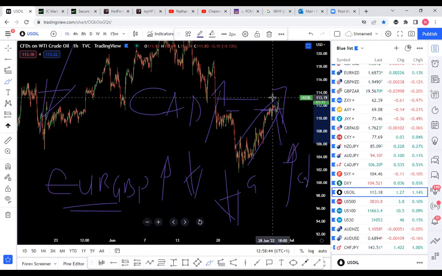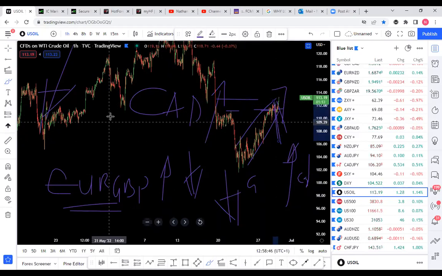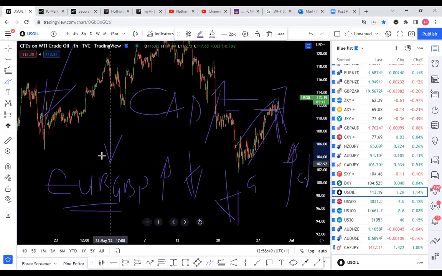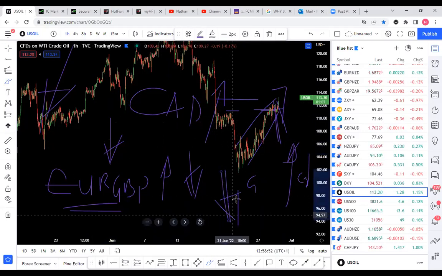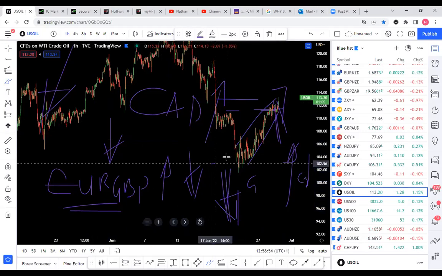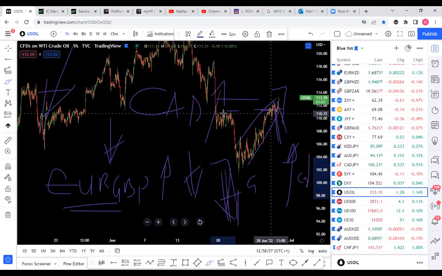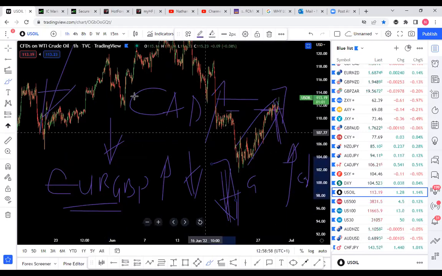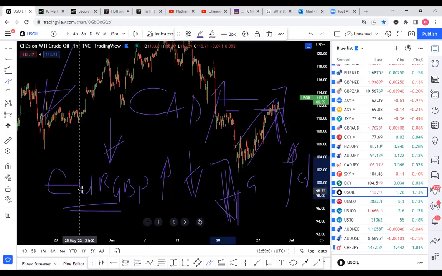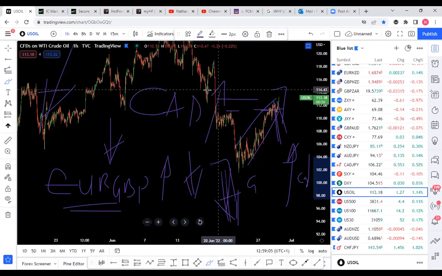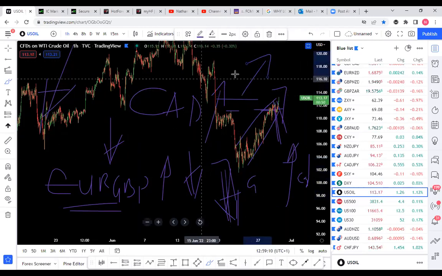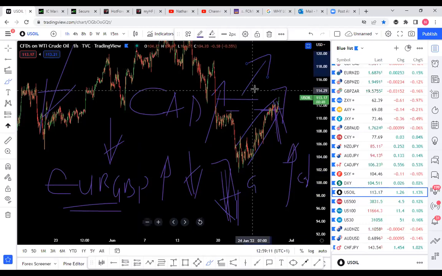If oil comes down and Euro GBP comes down, that is the only condition that will make GBP CAD buy. Because if oil is coming down, it means CAD is weak. And if Euro GBP is coming down, it means GBP is strong. Therefore, a weaker CAD and a stronger GBP will guarantee a strong buy in GBP CAD.